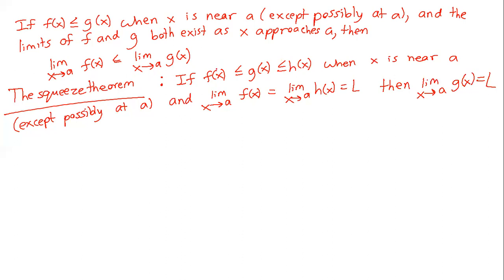And then this one is about how you can tell what the limit of this function g of x is from looking at limits of two functions that bound that function. And so that's good.